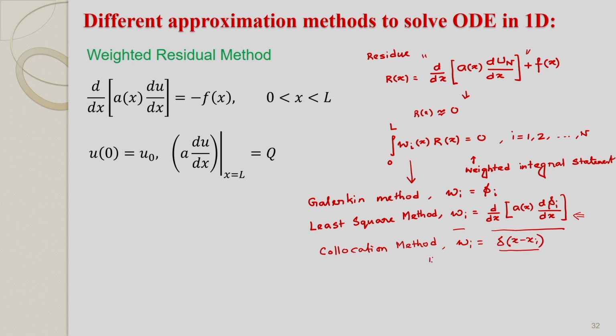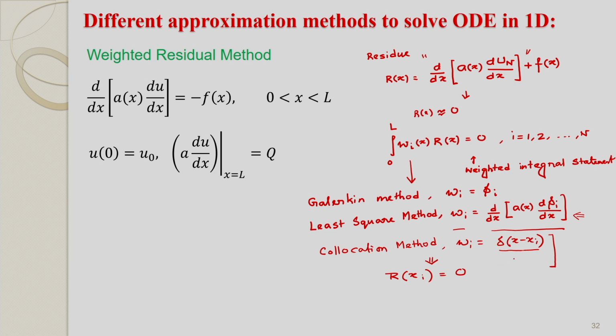So, essentially we are calculating the residue at xi, and so that integral statement essentially becomes this. If you do the integral with this delta function, then the residue should be calculated at xi. So, what this collocation method is telling is that it makes the residue 0 at different collocation points.